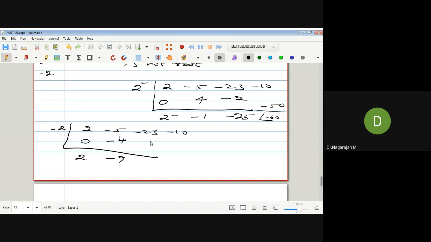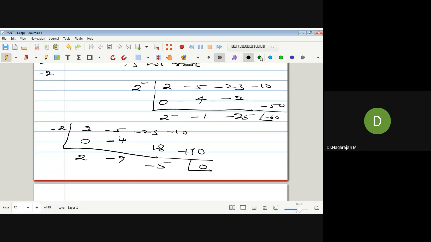Minus times minus 9 gives plus 18. -23 plus 18 is -5. Then -2 into -5 is +10. -10 plus 10 is 0.